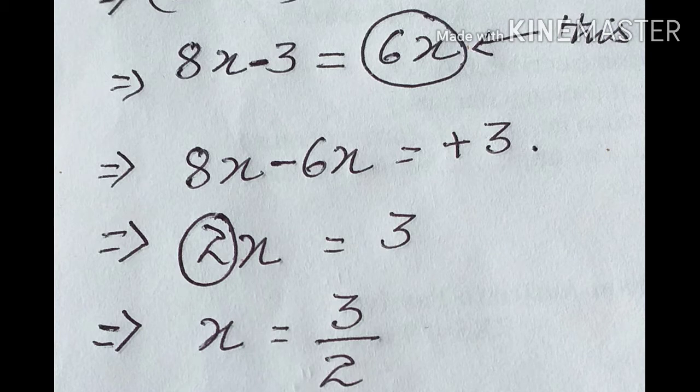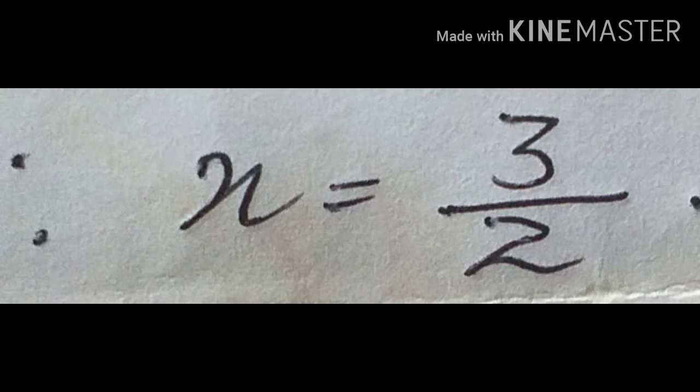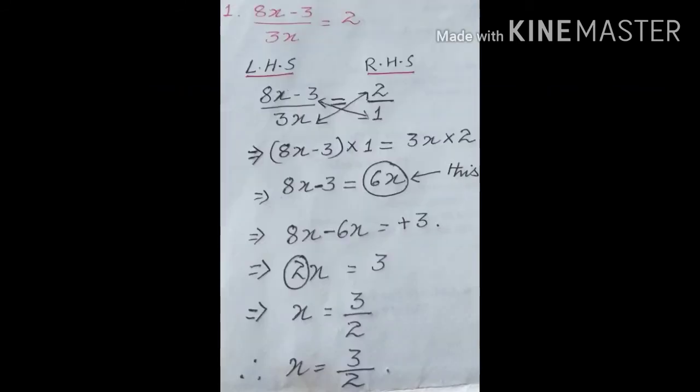Clear? Now therefore x is equal to 3 by 2 we will get. By following the steps you will get the value for x is equal to 3 by 2, and we have to follow all the steps in order to get the value.